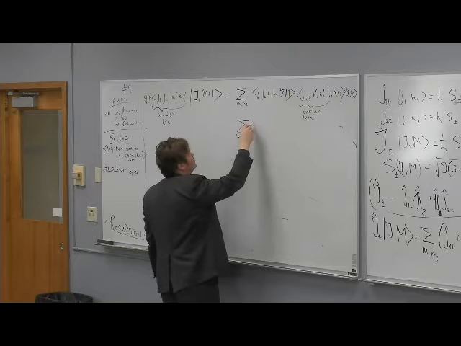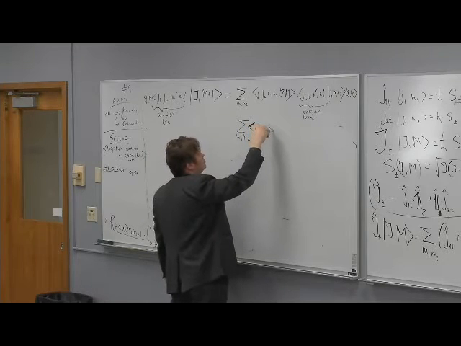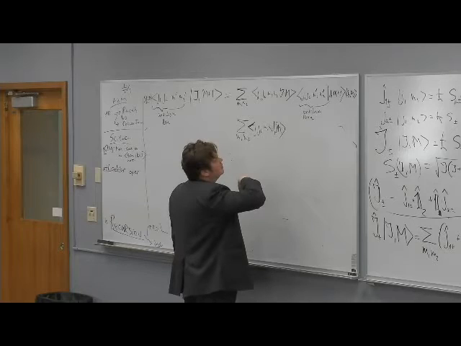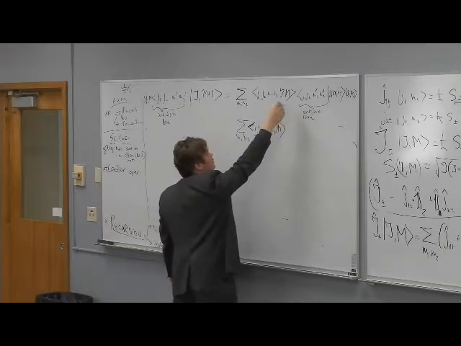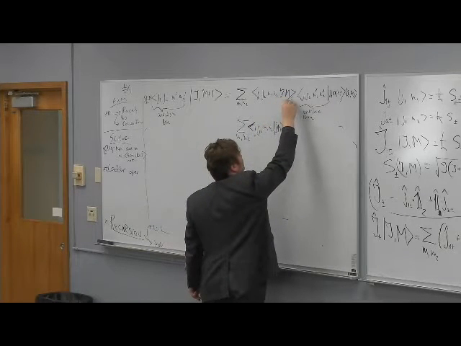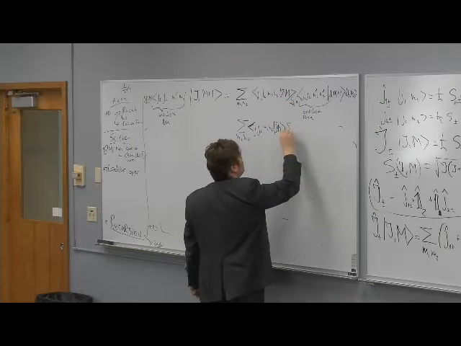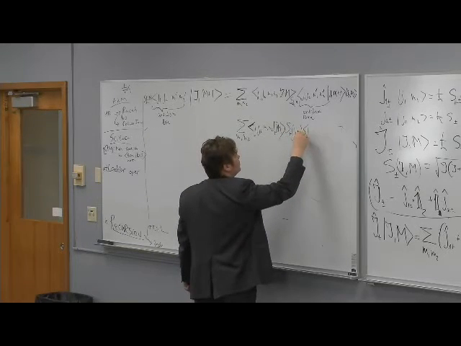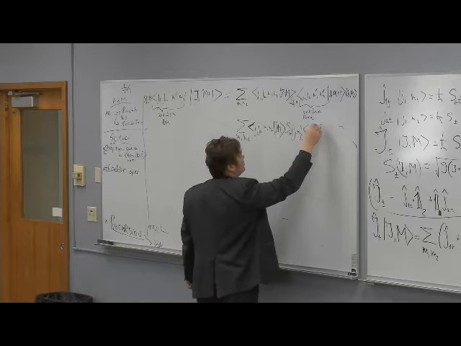M1, M2, repeating unchanged J1, J2, M1, M2, J vector, M capital. And here I am missing S plus of J1, M. Here I need S plus of J2, M2. And now I'm placing this artificial bra J1, J2, M1 prime, M2 prime.